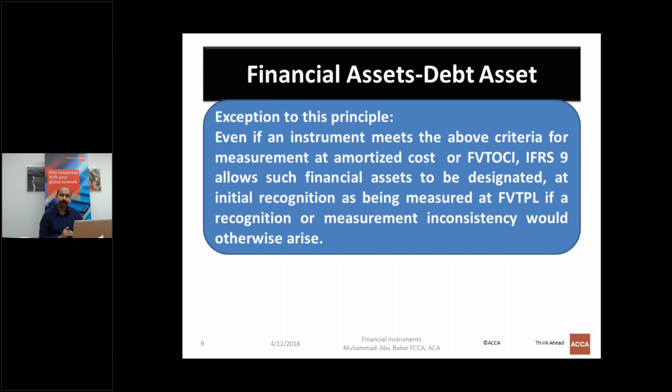For example, if an entity holds a financial asset that is debt and that carries a fixed rate of interest, but is then hedged with an interest rate swap that swaps the fixed rates for floating rates. The interest rate swap is a financial instrument that would be held at fair value through profit and loss.